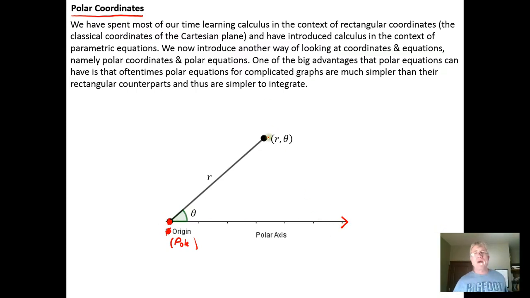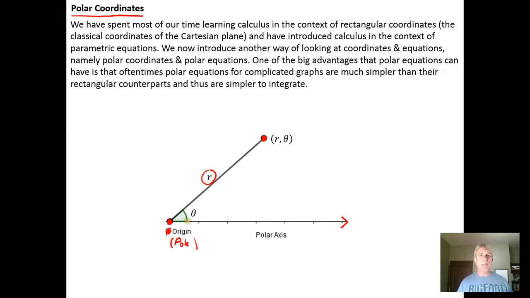And then to represent any point you want in the plane, for example, if I want to represent this point where I've established this origin or pole and this polar axis, I do a directed line segment from the origin to the point. You can kind of think of it as being a vector if you like to think about vectors. And then what we do is measure the length of that directed line segment, and it's typical to call it R for radius.